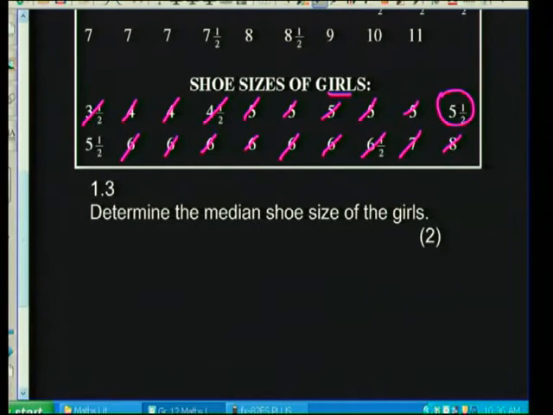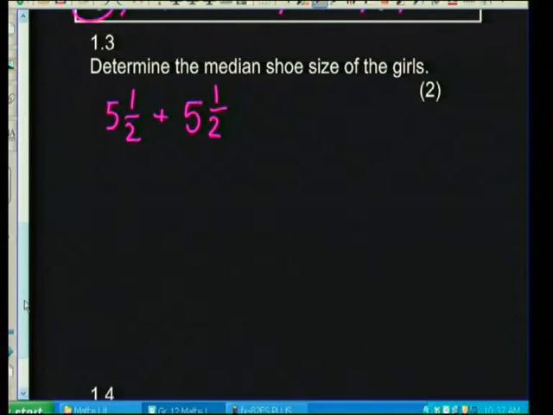So I'm going to highlight both of those numbers. It falls between the 2. So my median for the girls is 5.5 and 5.5, and I need the number in between. But clearly there is no number between 5.5, so quite easily I can see that that number is 5.5.